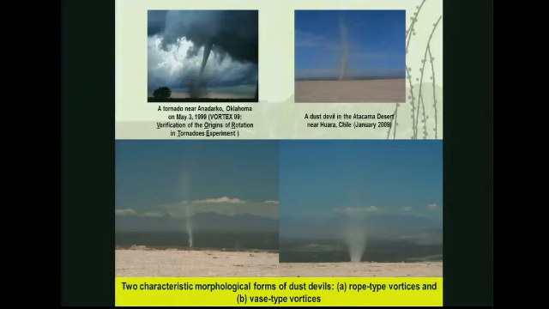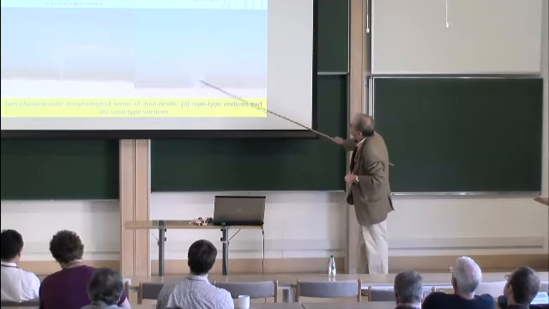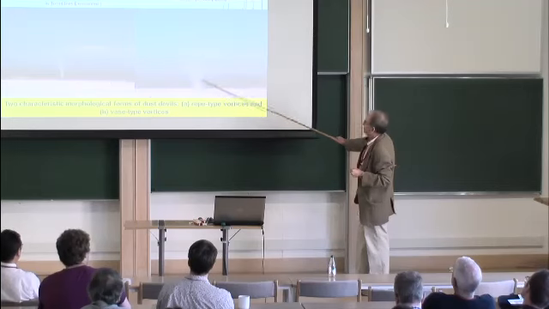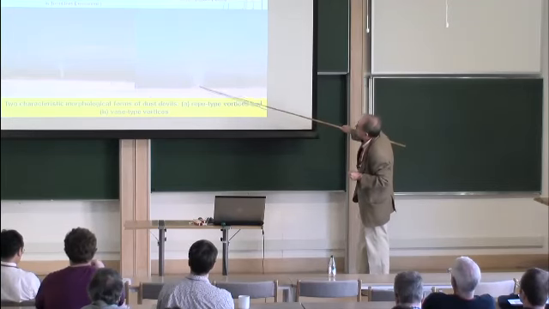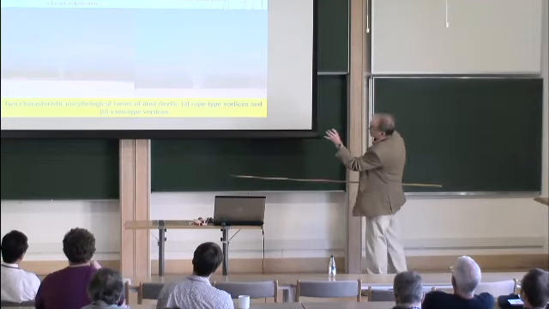So there are two characteristic types of dust devils, the so-called rope type, a narrow, tight vortex which extends very high aloft, and a vortex which seems much stronger, but it's not, because this vortex is hollow, and the vorticity is confined to the edges, to the walls of this vortex.